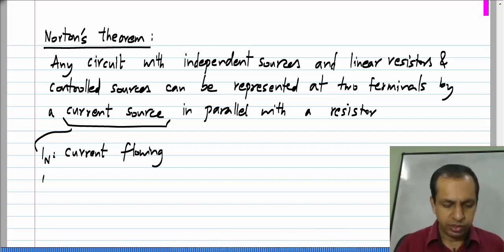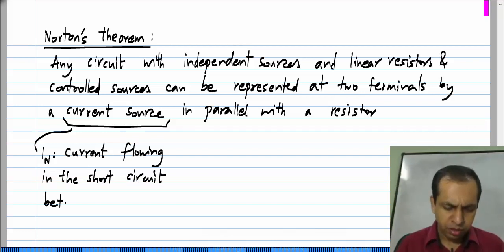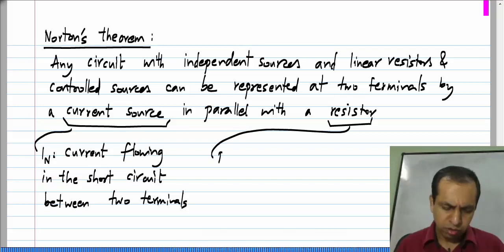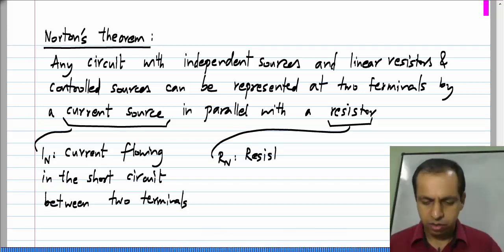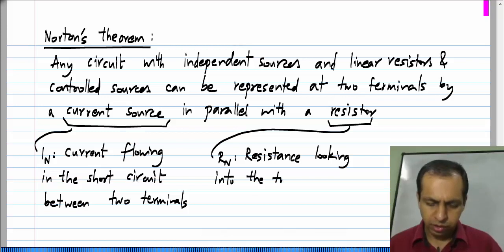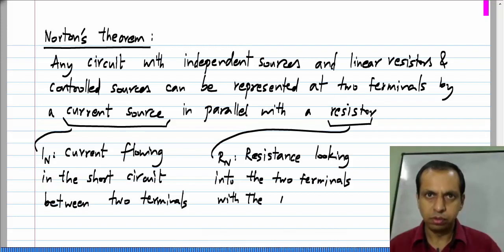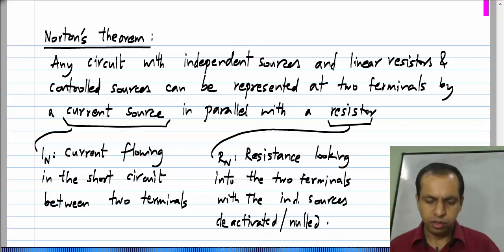This is I N, which is the current flowing in the short circuit between two terminals, and this resistor R N is nothing but the resistance looking into the two terminals with the independent sources deactivated or nulled, that is they are set to 0.